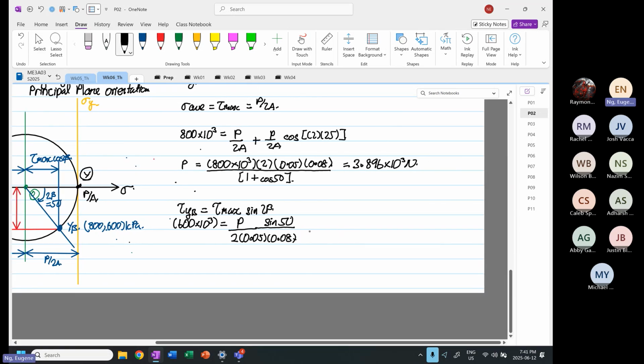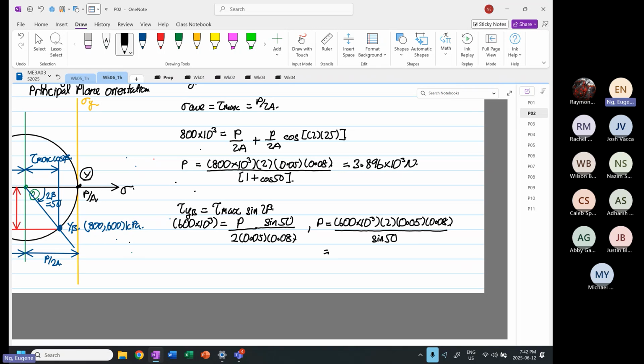So therefore, P will be equal to 600 times 10 to the power 3 multiplied by 2 multiplied by 0.05 multiplied by 0.08. And then you divide the whole thing by sine 50. Right?